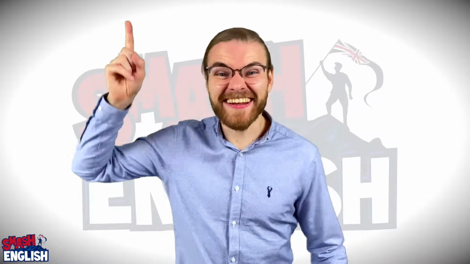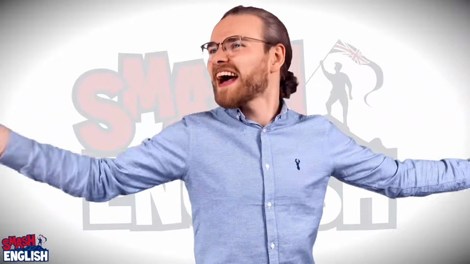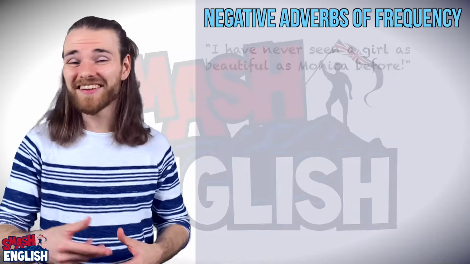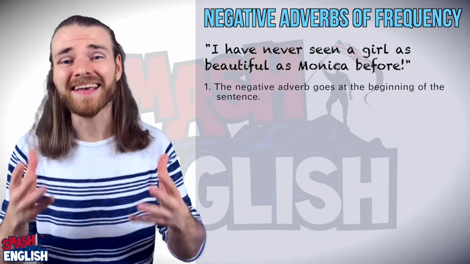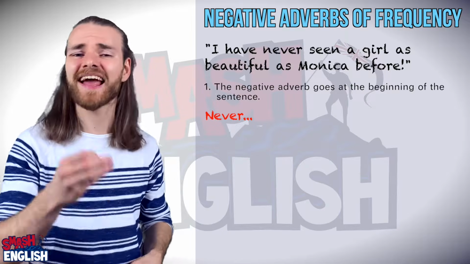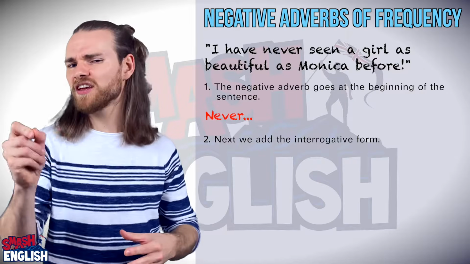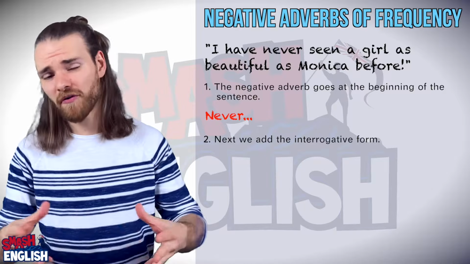Can I give an example? I have never seen a girl as beautiful as Monica before. The negative adverbial here is never, so that must go at the beginning of our sentence. Next, we need to add an interrogative form. The statement is the present perfect.